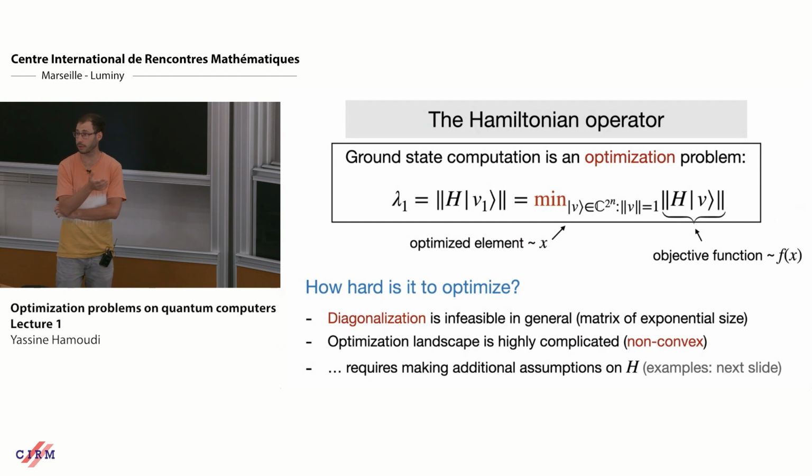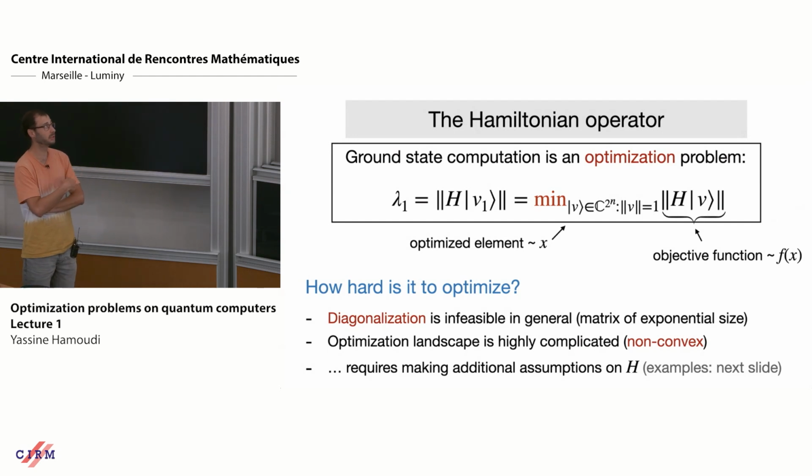So in general, diagonalization wouldn't be efficient for solving that problem. Moreover, the optimization landscape, if you plot the function, is going to be something highly complicated. It's non-convex. It could have local minima everywhere. So it will be very hard to navigate the optimization landscape of the function.